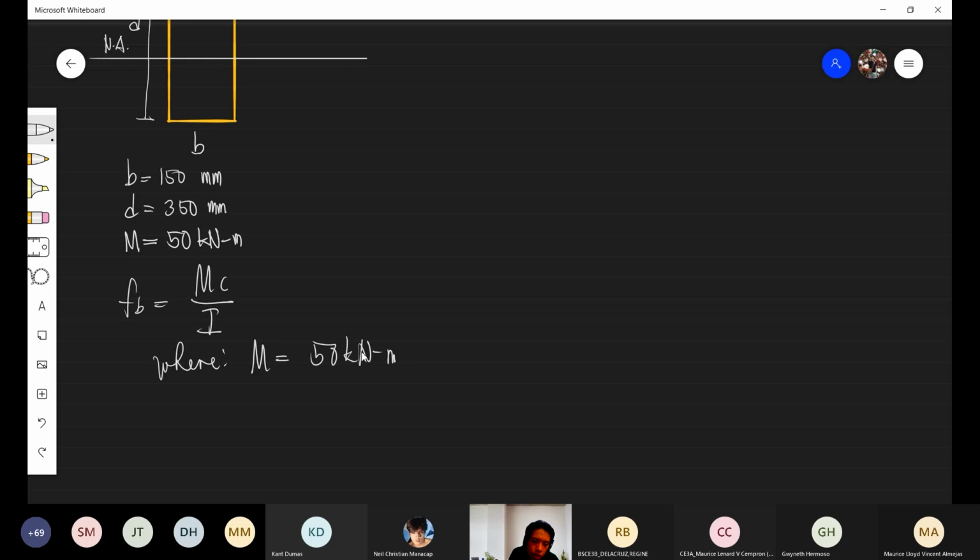Okay, so if this is 50 kilonewton meter, this is actually equal to, in terms of Newton millimeter. It's 50 kilonewton meter.